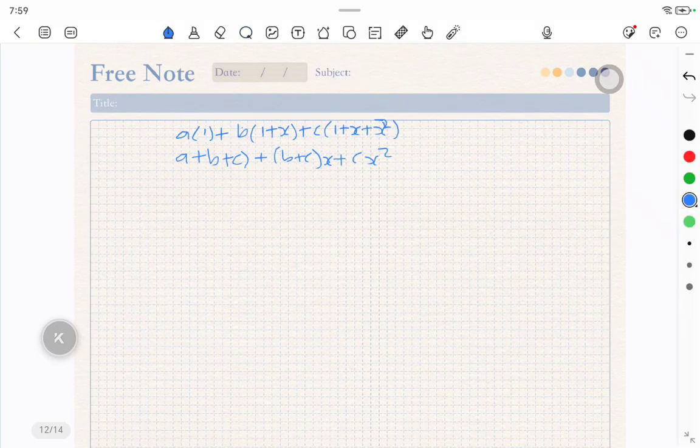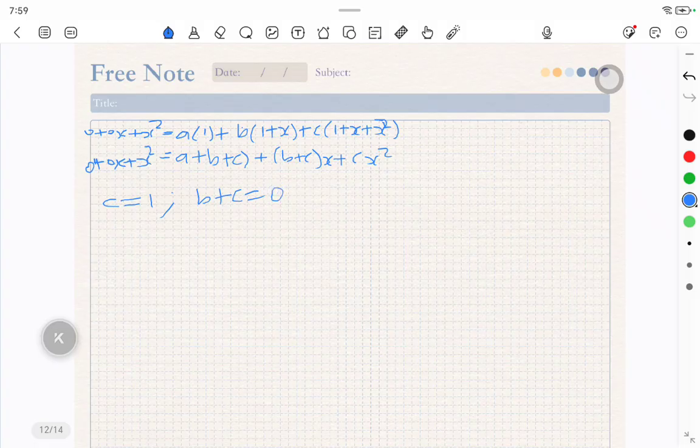This is just going to be x squared plus 0x plus 0. That is just 0 plus 0x plus x squared, meaning that c is equal to 1, right? And then b plus c is equal to 0.